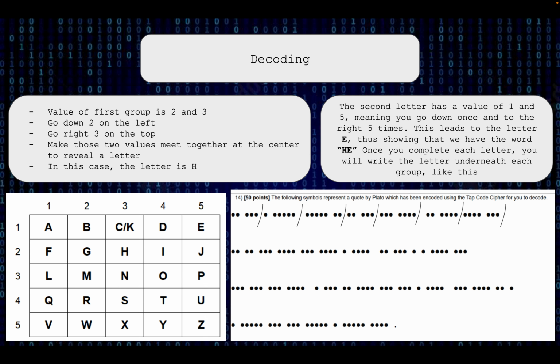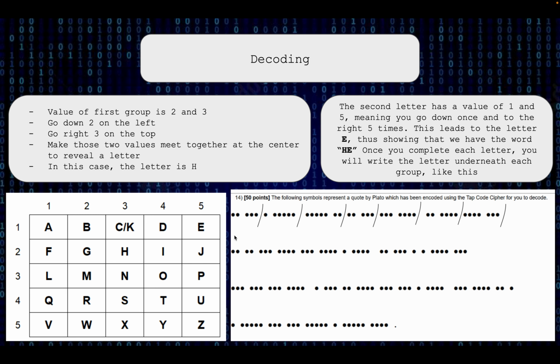To begin decoding, you must first recognize the amount of dots and the value of each. For the first group, you could see that there is a 2 value and a 3 value. You first want to look at the first value, which is 2 dots. Since it's 2 dots, you want to go down 2 spaces on the left y-axis column of the grid.